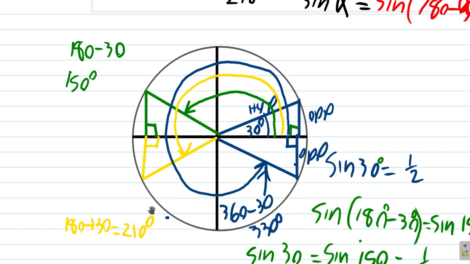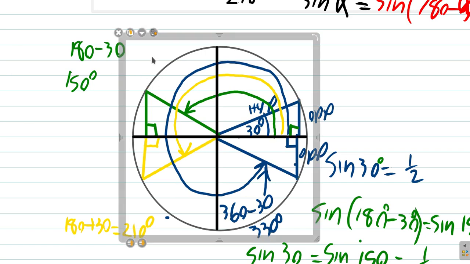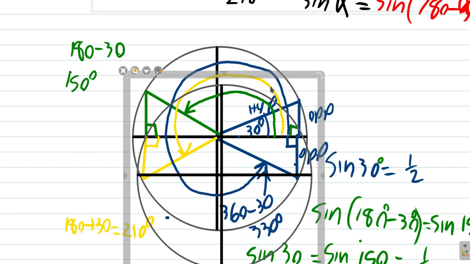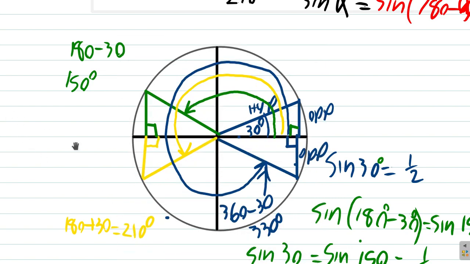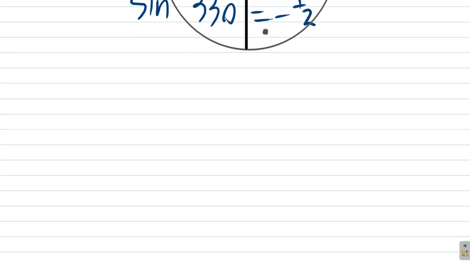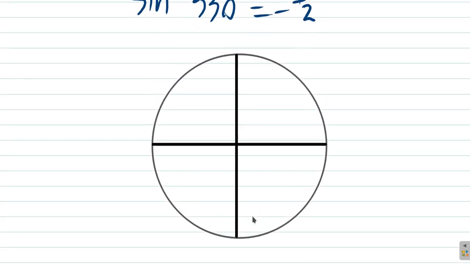Now, let's just label these parts of the circle. This circle, the unit circle, is divided into 4 parts. Let's copy this unit circle, put this down here, and talk about this. Now, you have 360 degrees, and it's divided into 4 equal parts. 360 degrees divided by 4 is 90.